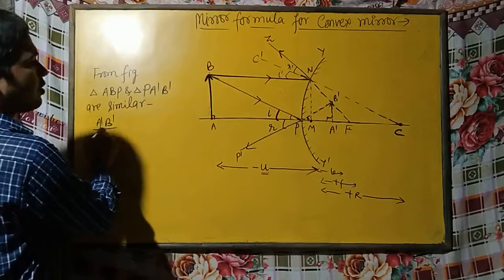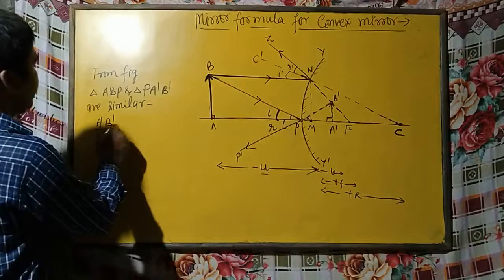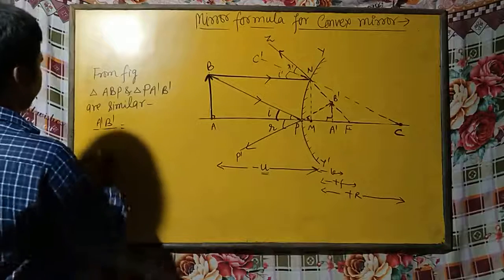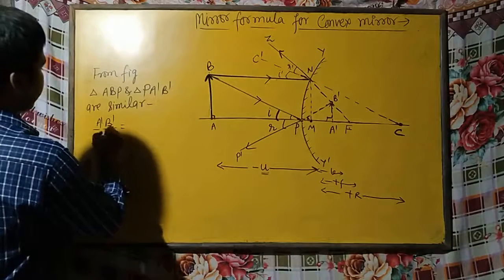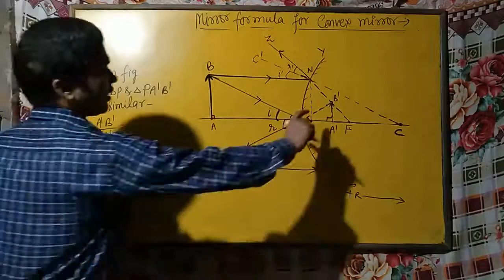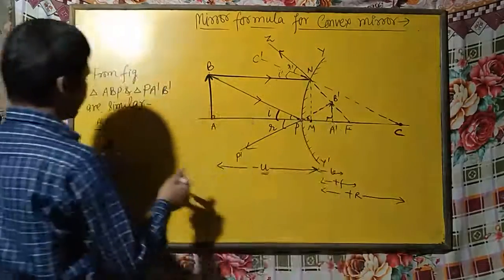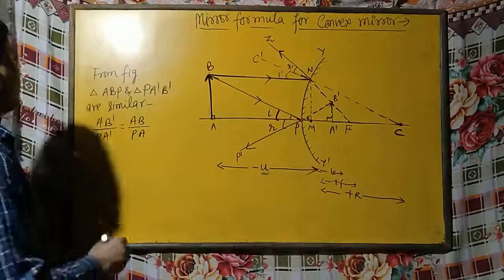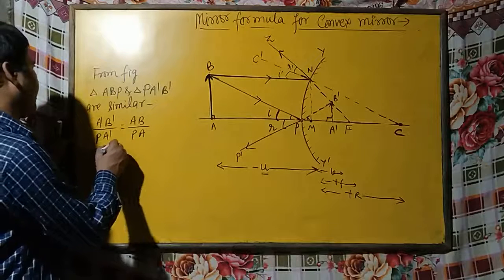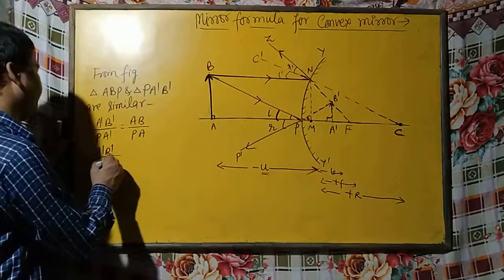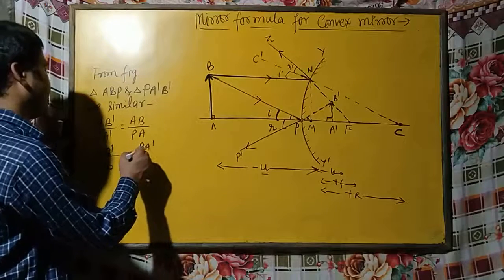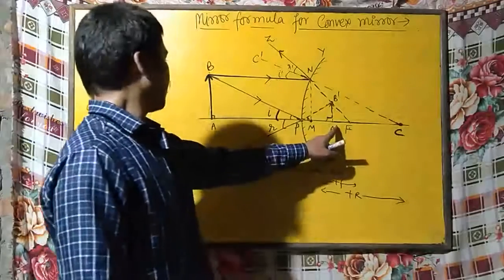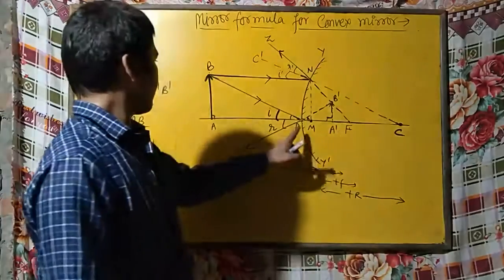Okay, so if these two triangles are similar, you can write A'B' upon PA' is equal to AB upon PA, or you can write A'B' upon AB is equal to PA' upon PA. Now the distances PA' and PA are known.